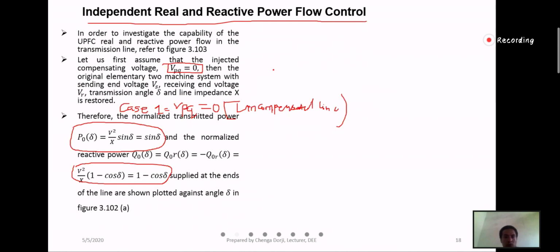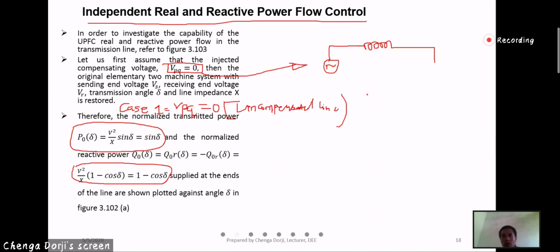So in this case, what you are having here, this is the case. You don't have this, so you have only this one. So this is your X, and then this is your VS angle delta, and then this is your VR angle 0.